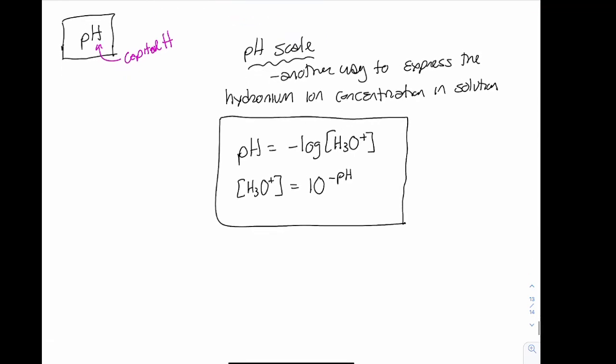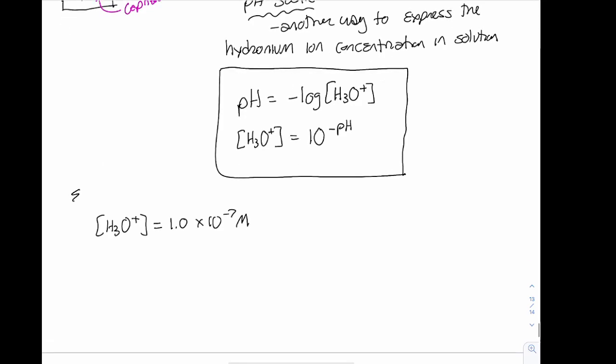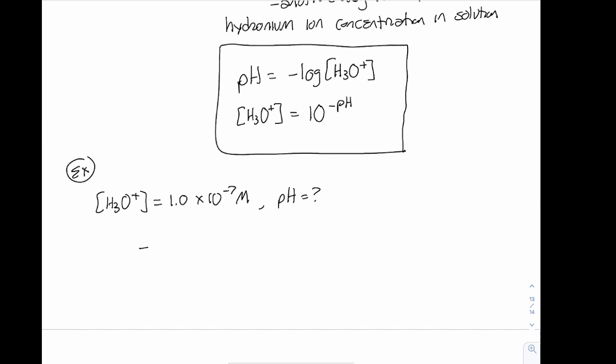So an example. If I had my neutral solution, my hydronium ion concentration is equal to 1.0 times 10 to the negative 7th molar. What is my pH? So we're going to take the negative log of 1.0 times 10 to the negative 7th.